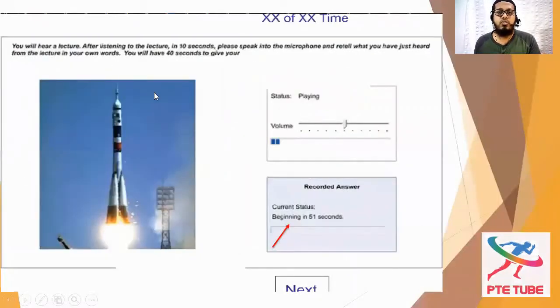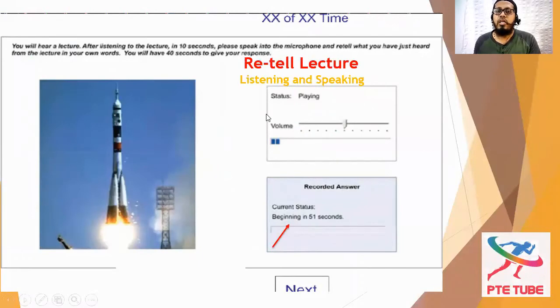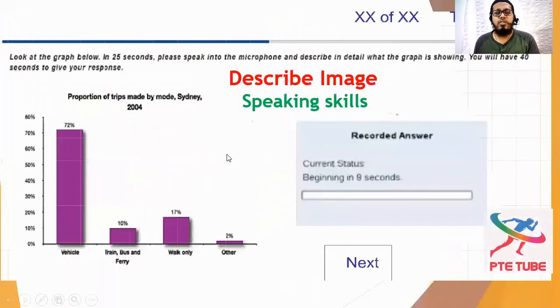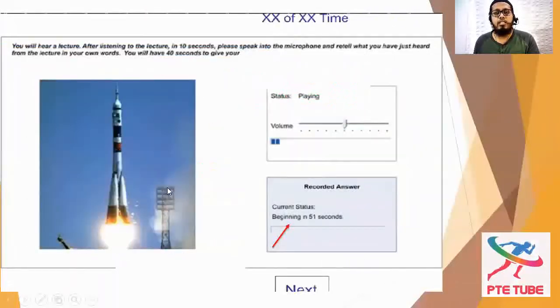And here comes retell lecture, wherein our listening and speaking skills are evaluated. It's very important here because even in the previous session you see some image, and suddenly you see an image, but the kind of task is different.